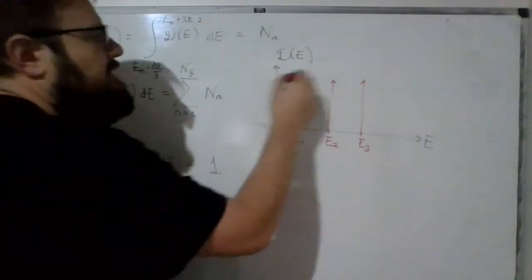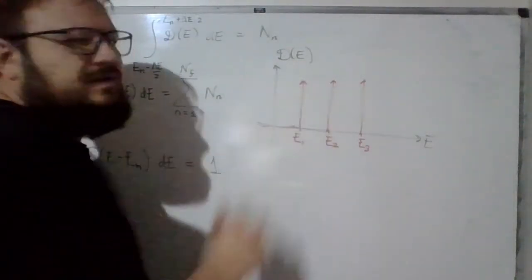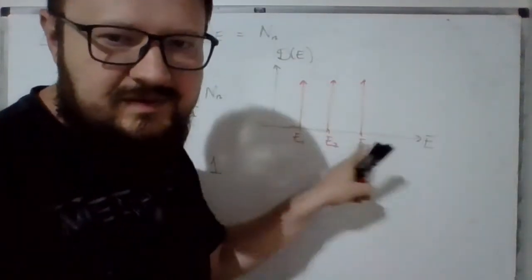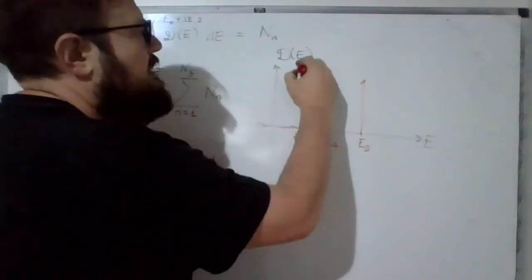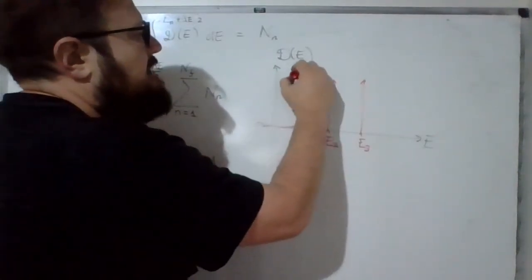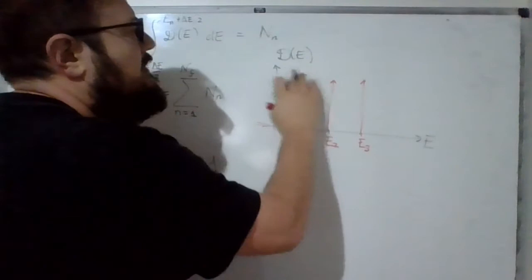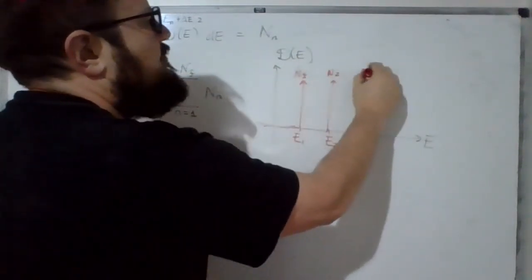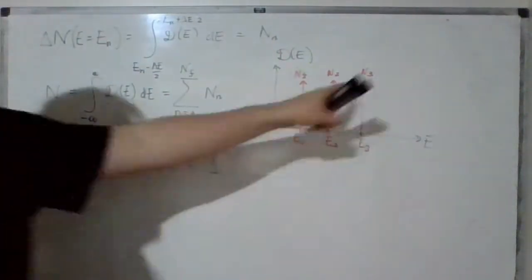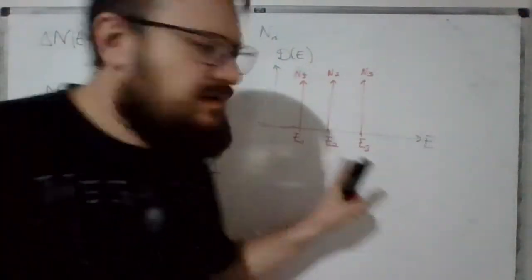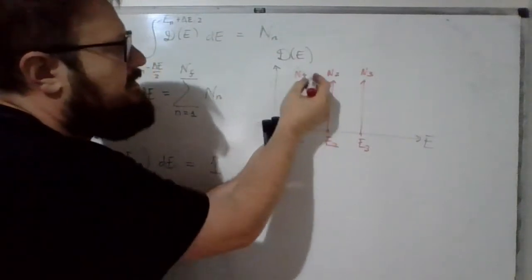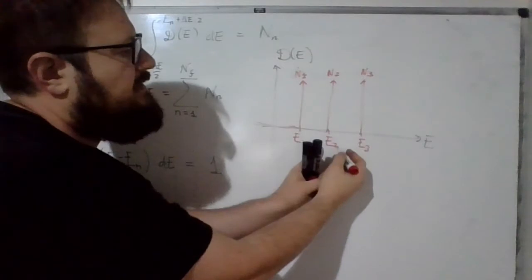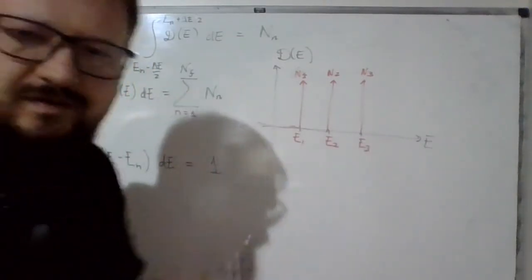Okay, and the amplitudes of these deltas go to infinity, but if you integrate, you find the degeneracy of each level. So we could represent each delta as multiplied by some degeneracy factor, 1 and 2 and 3 and so on. Okay, so when you integrate around this delta here, you'll find the degeneracy of the energy level 1, the degeneracy of the energy level 2, and so on and so forth.